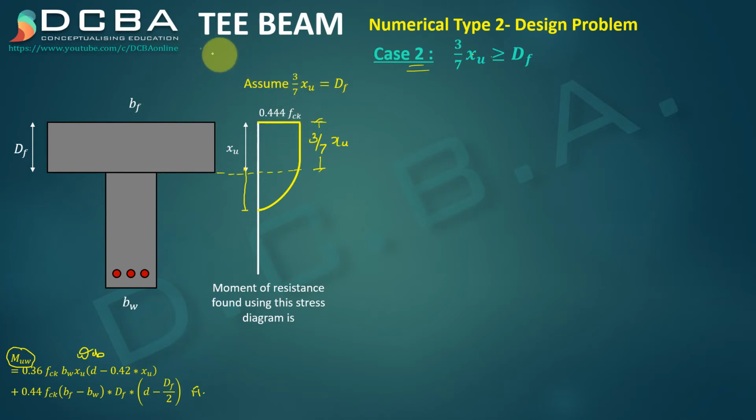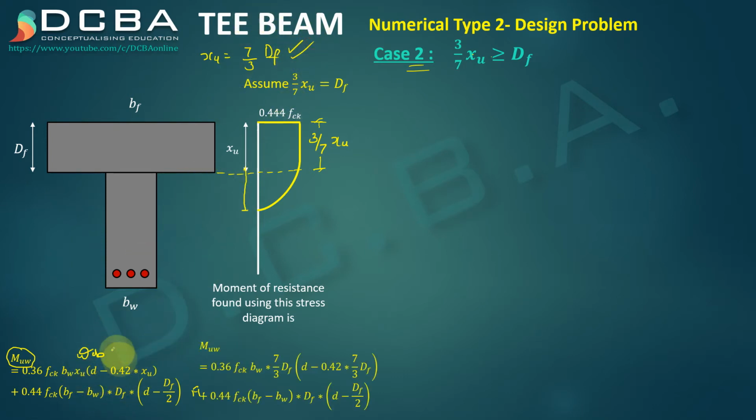From this I can say that XU is equal to 7/3 of DF, and I can substitute this here because I already know the DF value. After I substitute XU as 7/3 DF, this is the equation of MUW, that is the moment of resistance in the web.